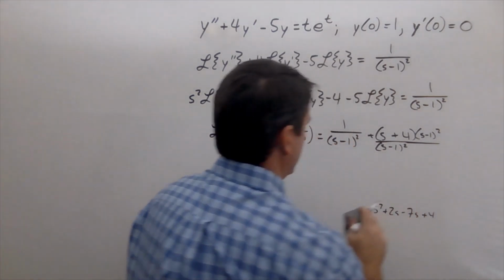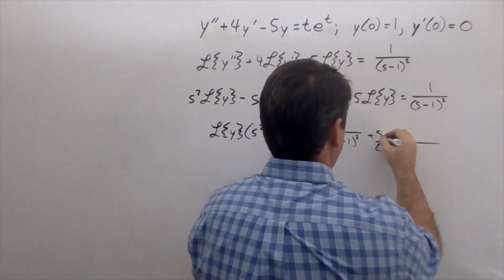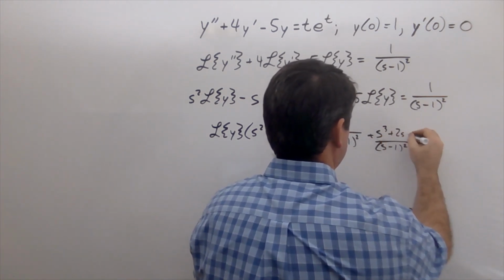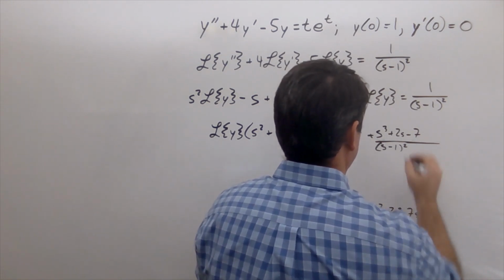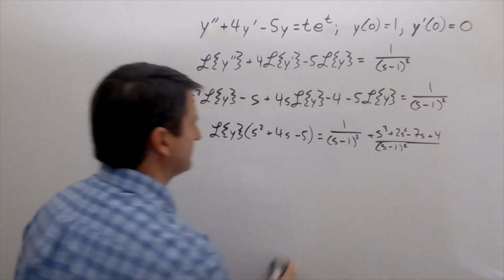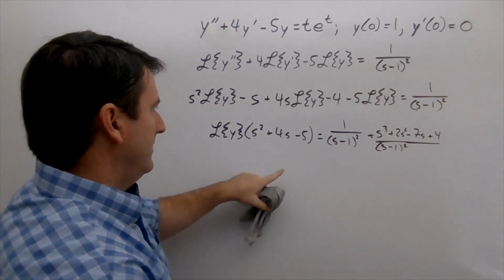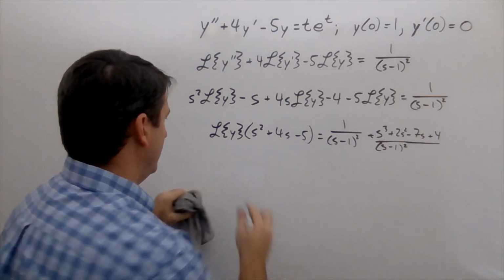So this up here is s cubed plus 2s squared minus 7s plus 4. Now, this actually can be factored.